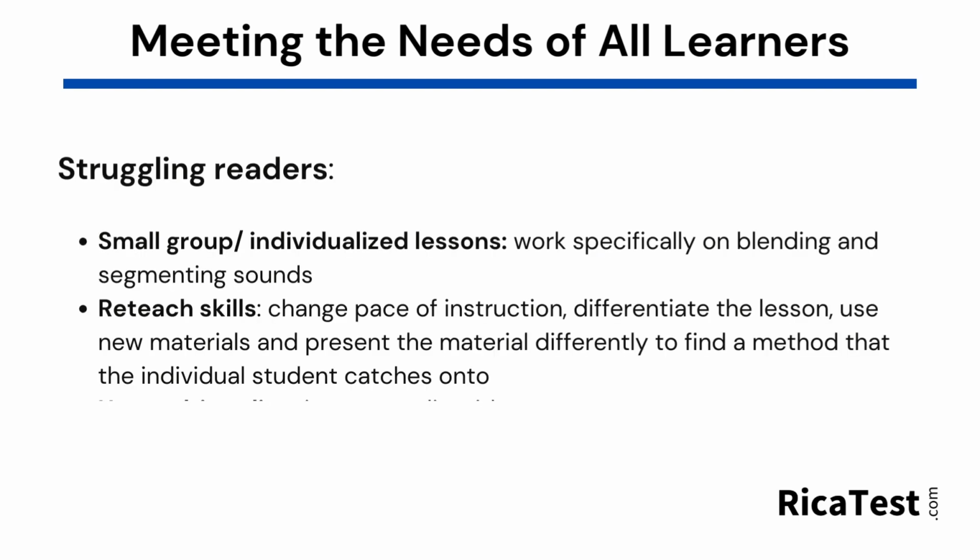You can also reteach the skills that have already been taught. If you choose this method, you will not want to tell the RICA test score that you will simply teach the lesson by saying the same things in the same way. You're going to want to explain how you will change the pace of instruction, add kinesthetic or tactile exercises to find a method that works best for this individual student.